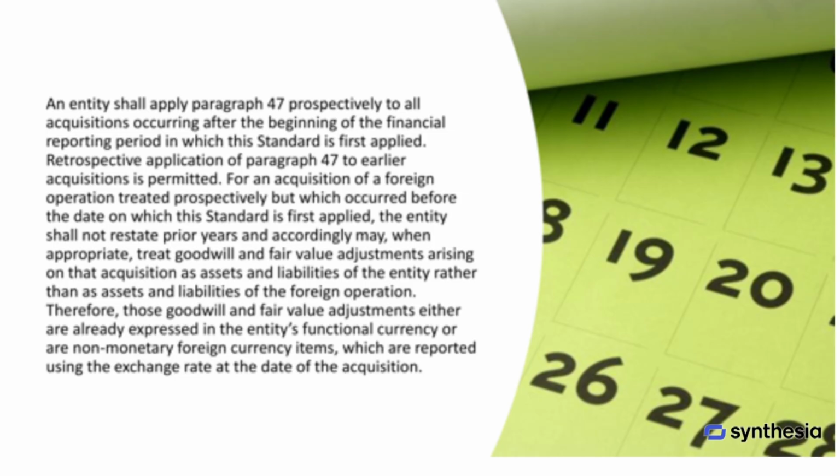Accordingly, the entity may treat goodwill and fair value adjustments arising on that acquisition as assets and liabilities of the entity, rather than as assets and liabilities of the foreign operation. This means that those goodwill and fair value adjustments are either already expressed in the entity's functional currency or are non-monetary foreign currency items. Such items are reported using the exchange rate at the date of the acquisition.